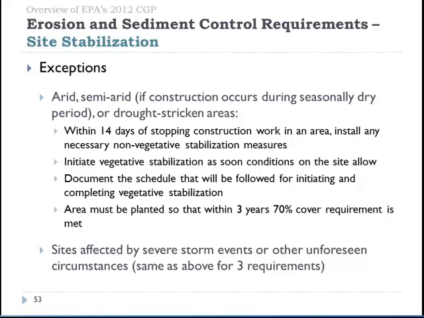In that case, the flexibility in the permit is to follow basically the first 3 bullets above, which require putting down non-vegetative stabilization measures and then initiating vegetative stabilization as soon as conditions allow.